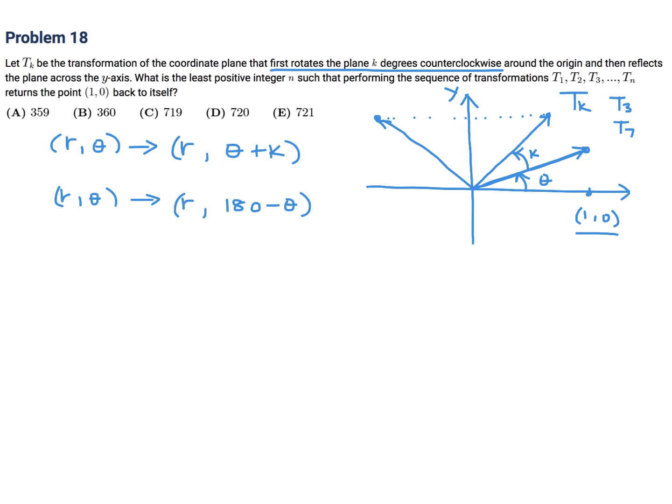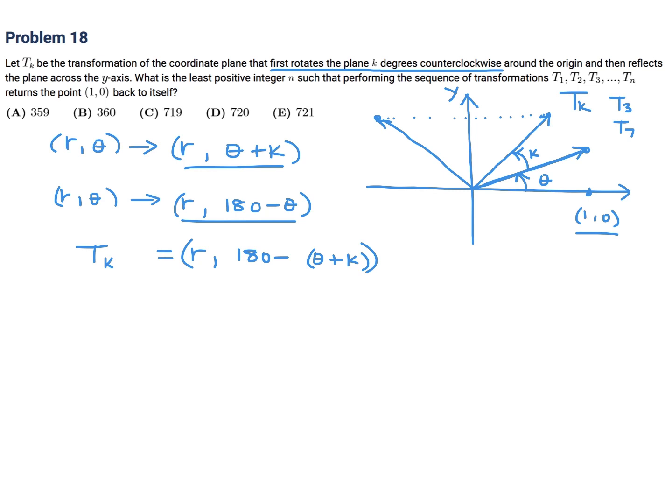But we are doing both this and this. So if we're doing both, we have to combine them. So that means that T_k basically is (r, 180 minus (theta plus k)). Right?